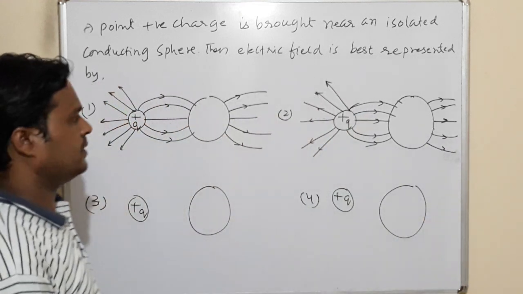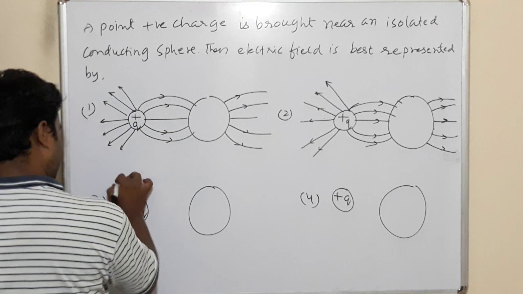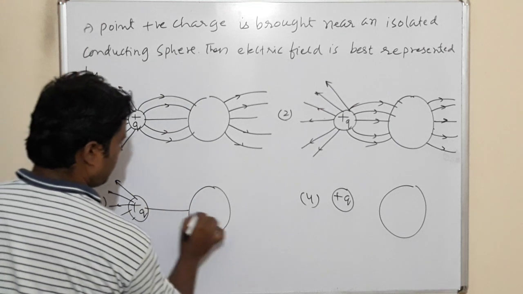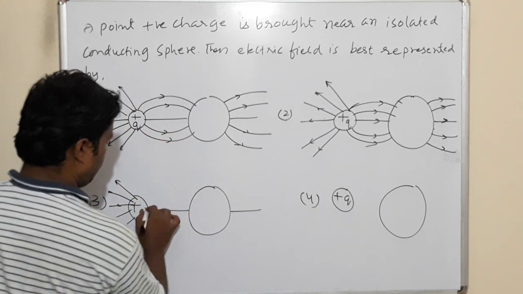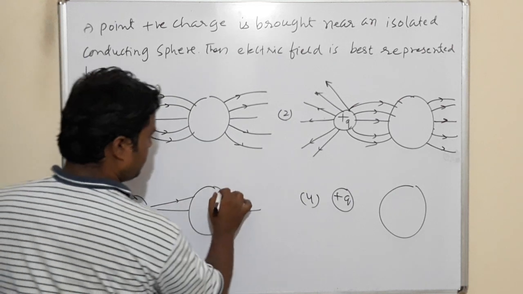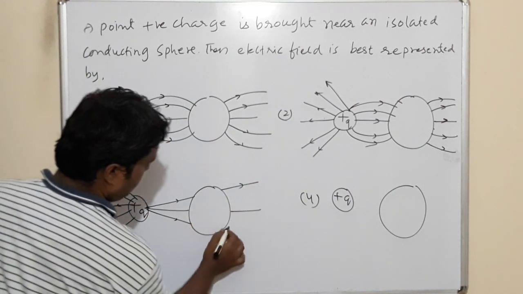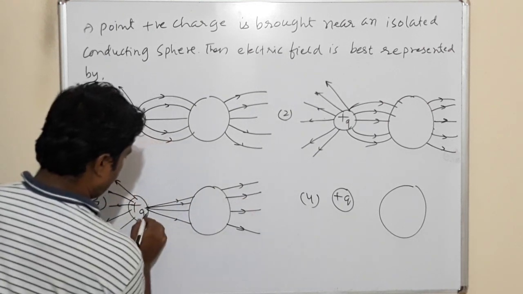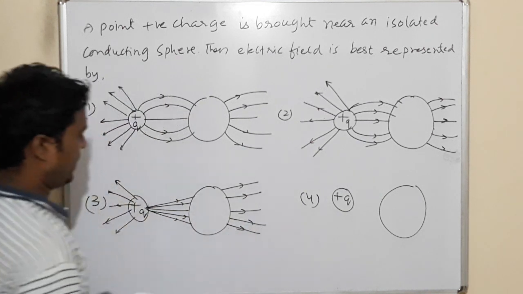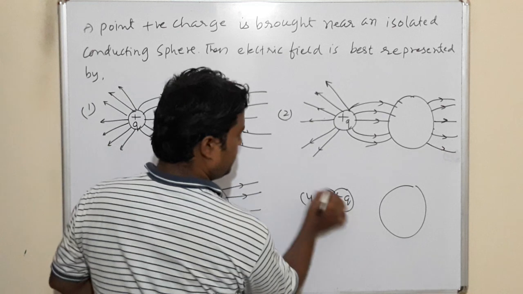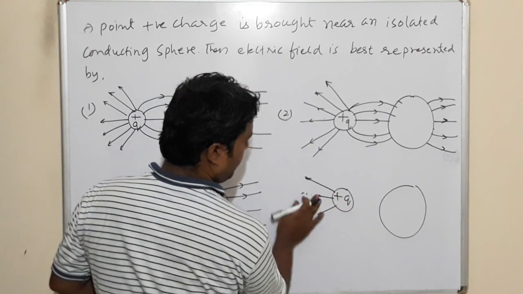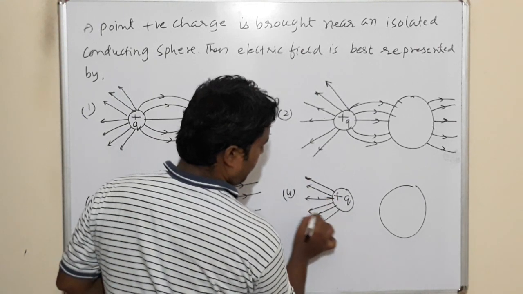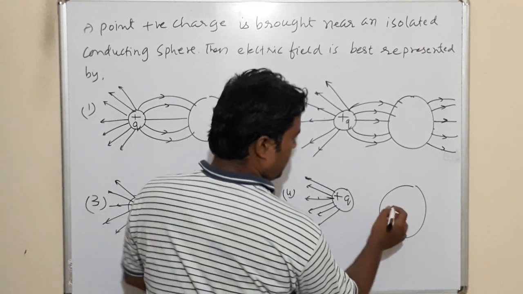These are represented like this. Another representation is there, going like this. For the exact correct figure you can refer to the book.